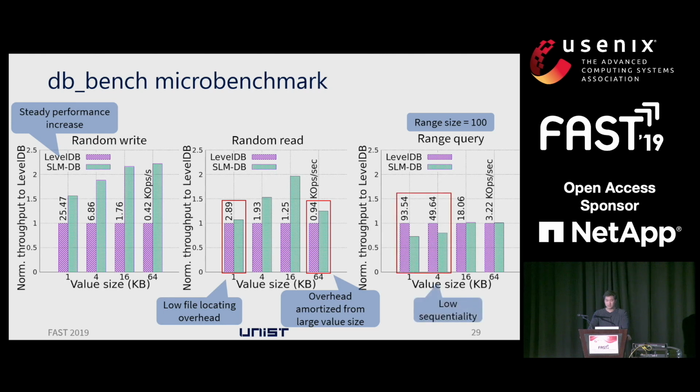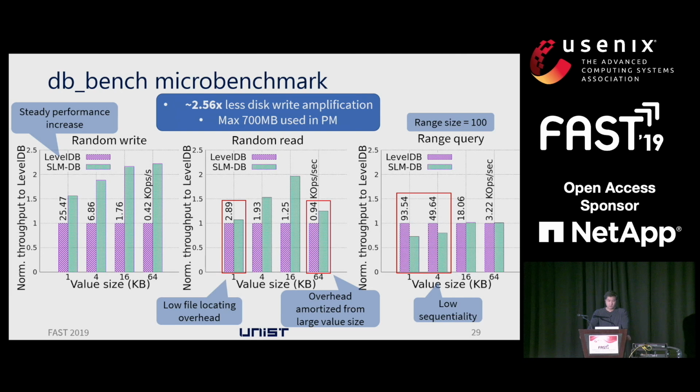And only here, we have poorer performance compared to LevelDB due to the low sequentiality of key-value pairs stored on the disk. But overall, SLM-DB managed to have, on average for these benchmarks, 2.5 times less disk write amplification. And in the worst case, it used up to 700 megabytes of persistent memory.